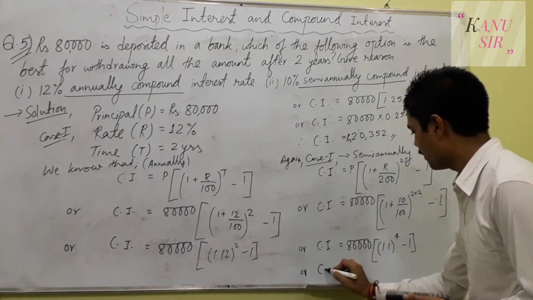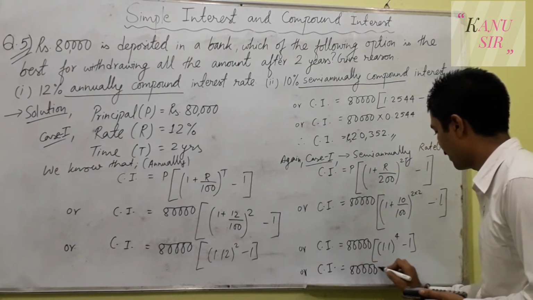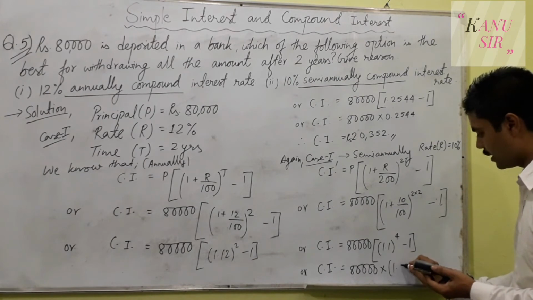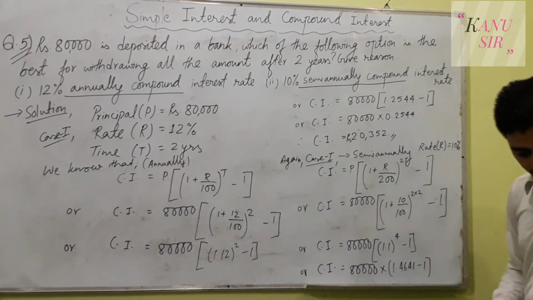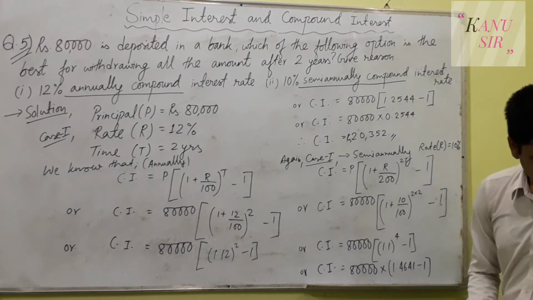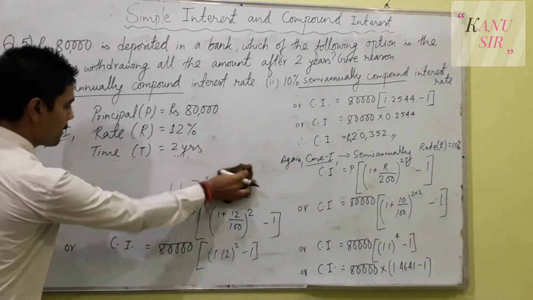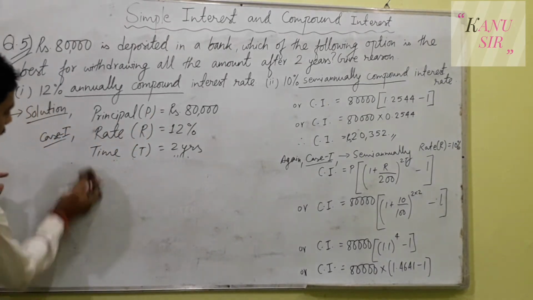Compound interest equals 80,000 into 1.1 to the power 4, which is 1.4641 minus 1. And you might have remembered the value here.